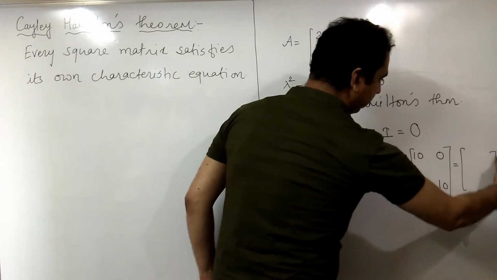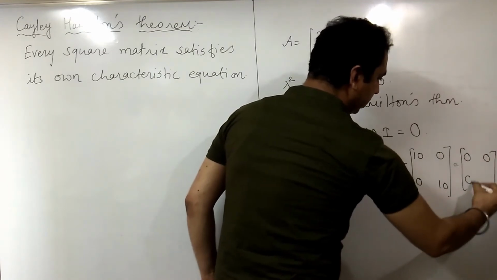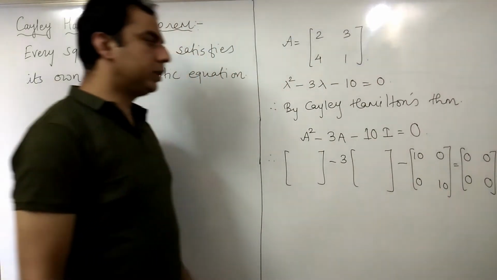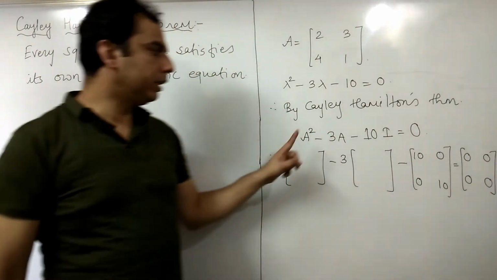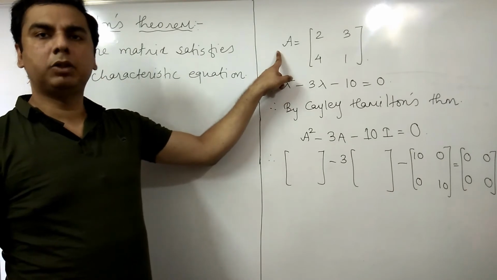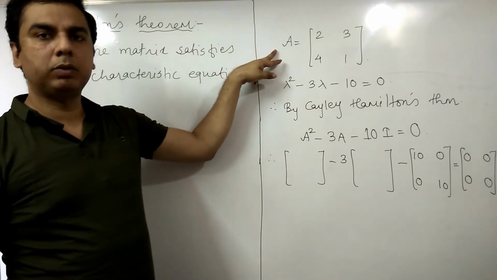We have to check whether this matrix is the null matrix or not. If this condition is satisfied, then we will say that the Cayley-Hamilton theorem is verified for this particular matrix A.